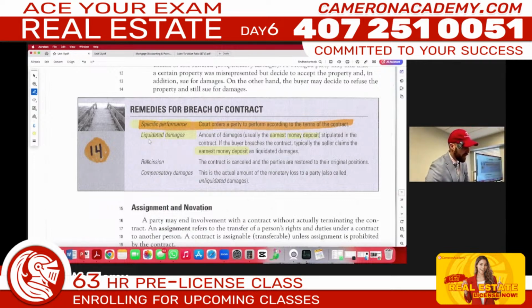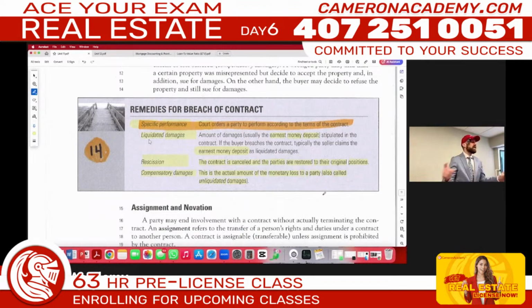If the injured party wants to cancel, do we call that rescission on breach? Rescission on breach. Injured party says, listen, you broke your promise, that gave me a way out. Sayonara. And if the injured party tries to go after the other party for something more than the deposit, now we're talking about what type of damages?